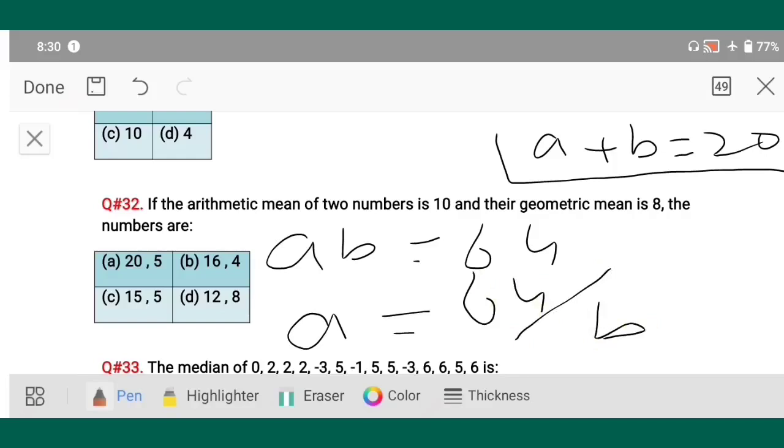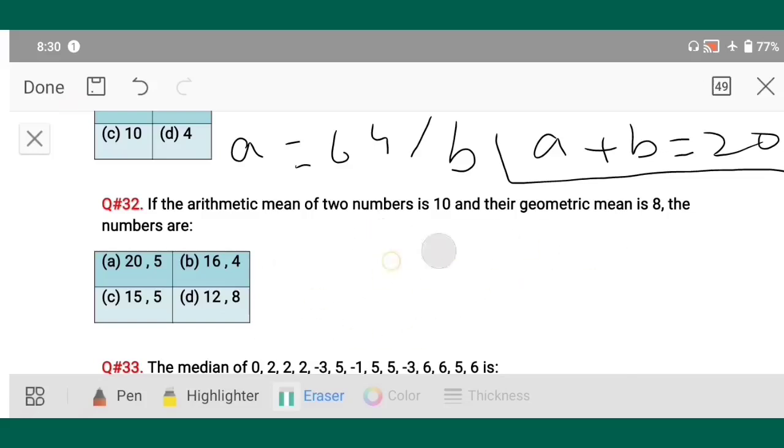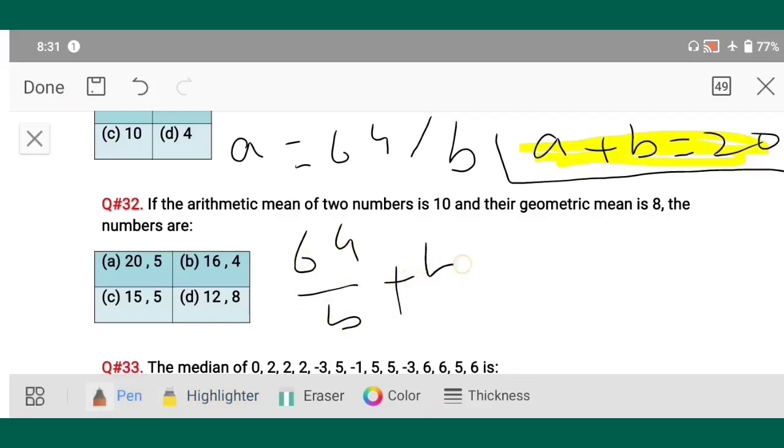Just write here a is equal to 64 by b. Now put this value in the equation: 64 by b plus b is equal to 20.